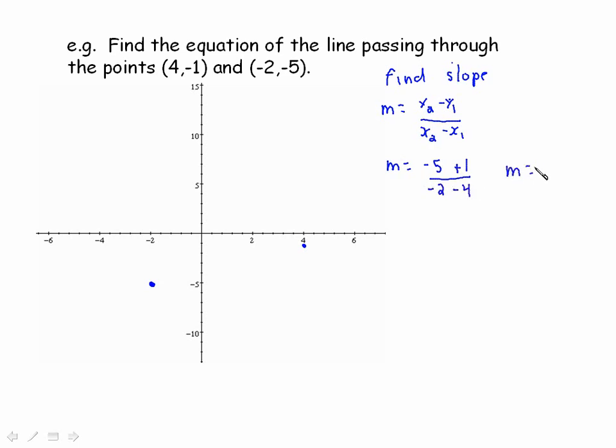So m is therefore equal to negative 4 over negative 6. So m is equal to 2/3. So now we have what we wanted. We need now to use the point slope formula or the y equal mx plus b form in order to find the equation. So I will use this method.